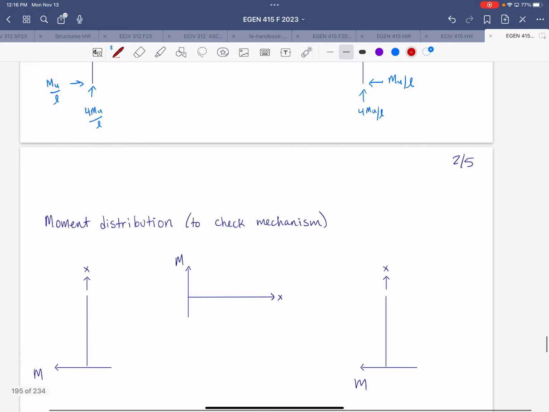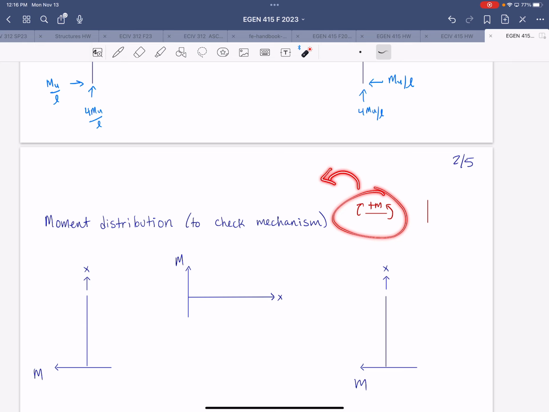As a refresher, for a beam, our positive moment convention is counterclockwise on the right side and clockwise on the left side. To apply that to a column, we would just take this image and rotate it 90 degrees counterclockwise. So our positive moment sign convention for a column looks like this.